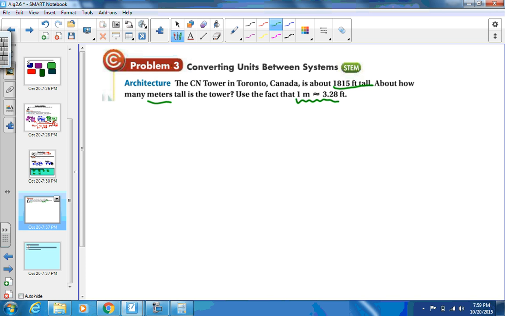So start by setting it up as a fraction, 1,815 feet over 1. And you're going to want to multiply it so that the meters are on top because we're trying to get to meters. So 1 meter to 3.28 feet. And I'm just going to leave the rest to you. Find the correct answer and the correct label.